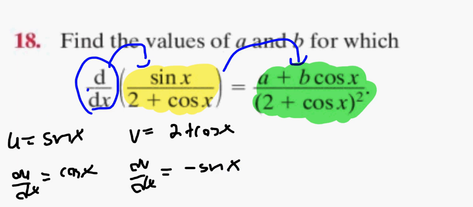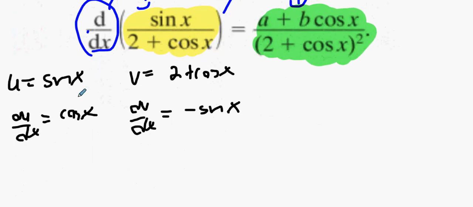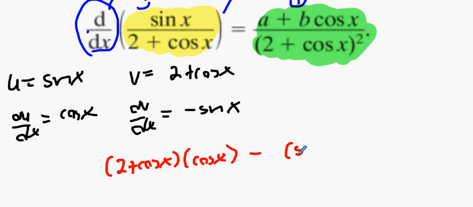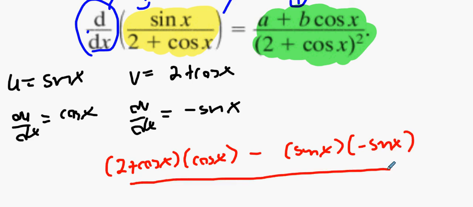We go. Alrighty. Now let's do the quotient rule, right? v times the du dx minus u times the dv dx all over v squared, is it?